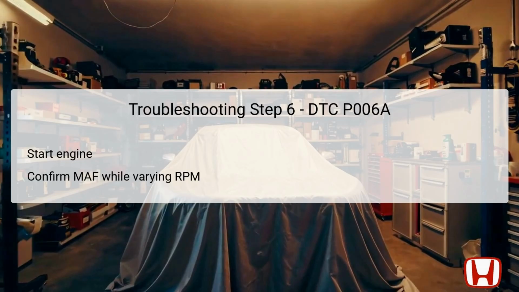If the MAF sensor reacts appropriately and provides readings consistent with the increased RPM, this indicates proper functionality. However, if the readings remain static or incorrect, this suggests an issue with the MAF or IAT sensor. This functional test is vital for determining whether the sensors operate effectively under different load conditions. Completing this step provides a comprehensive view of the potential issues surrounding DTC P006A.